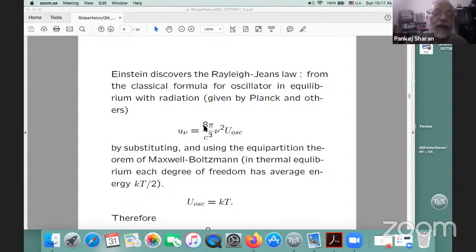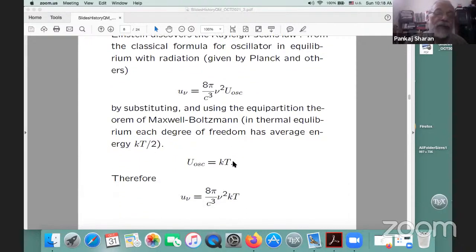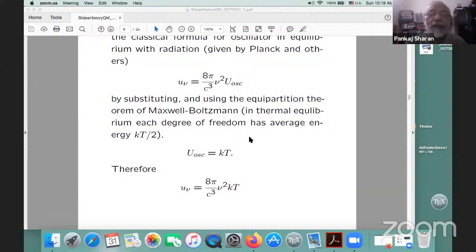So there is a factor of 8 pi by c cube into nu square, which comes from classical Maxwell theory. And this is the average energy. And what Einstein does is simply to substitute U oscillator equal to kT, which is what would happen because there is an average energy per degree of freedom equal to half kT.